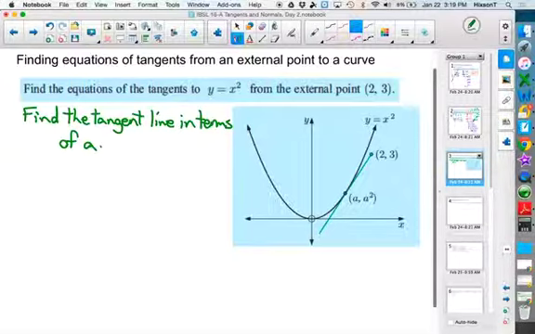Find the derivative and put A in? Well, hang on, forget about this curve right now, so we're not going to get a derivative yet. We just have this unknown point (A, A squared), because this is the function x squared. So if x is A, then y is A squared. And we want it to hit the point (2,3). So forget that we even have that parabola there. How would we get the equation of the line?